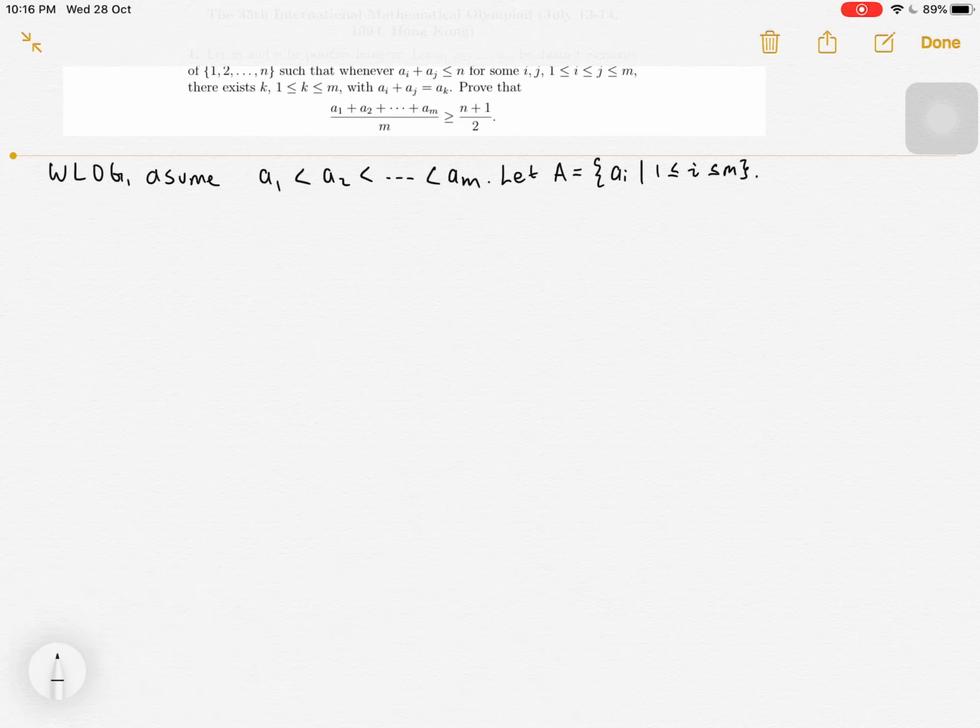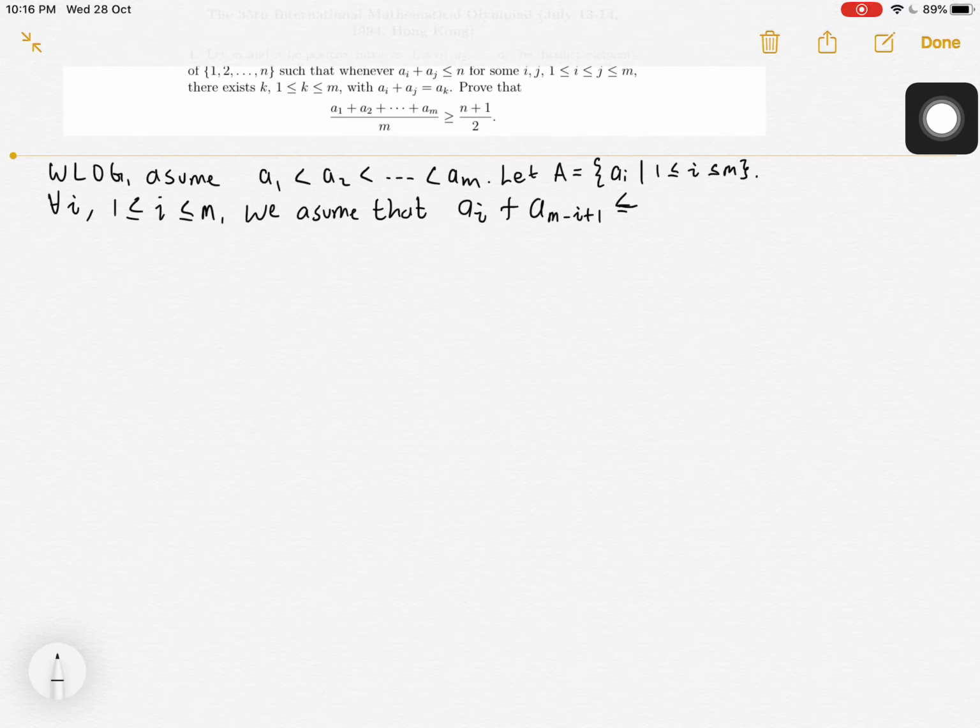Now let us say for i with 1 less than or equal to i less than or equal to m, we assume that ai plus am minus i plus 1 is less than or equal to n.